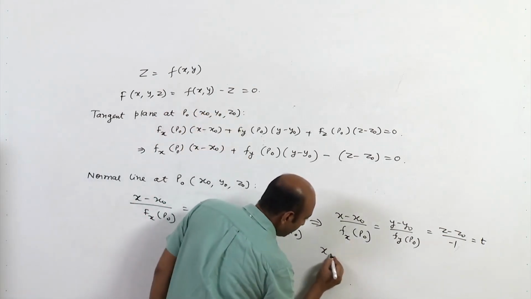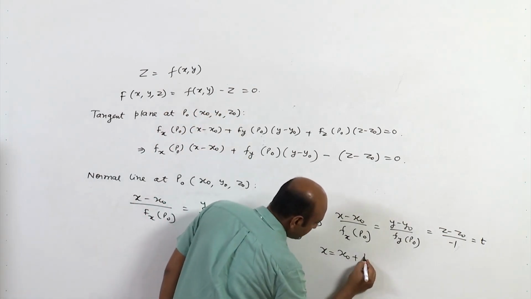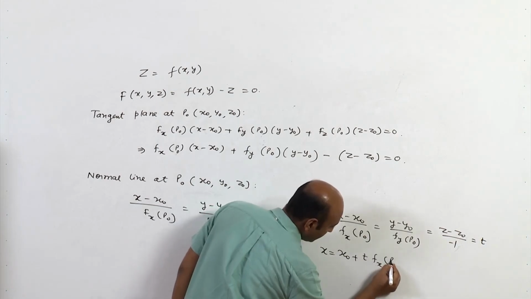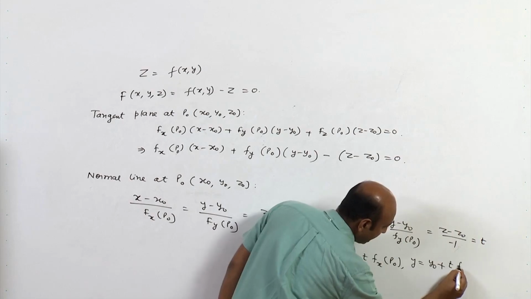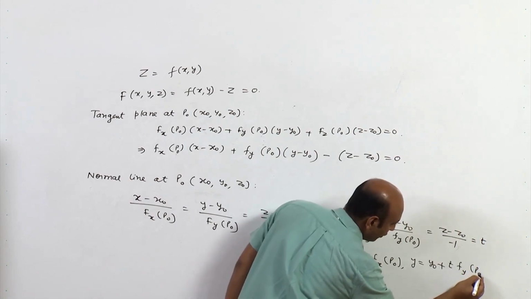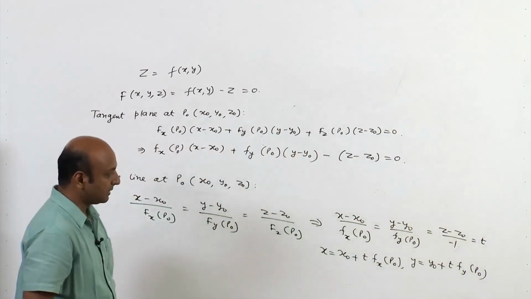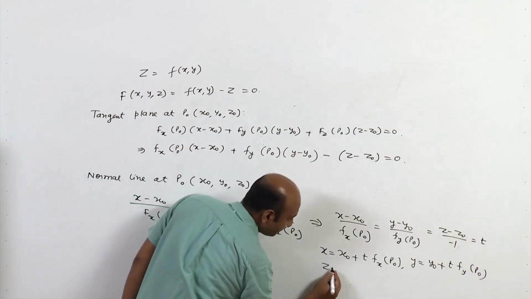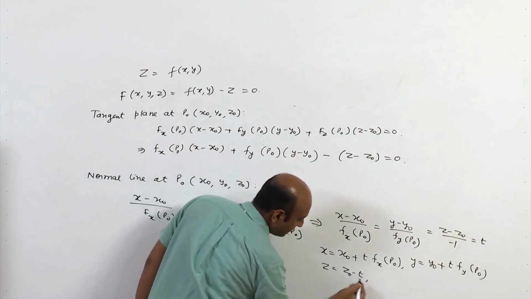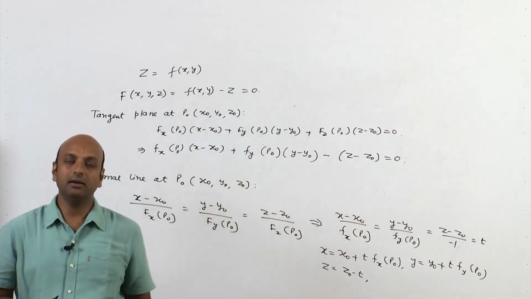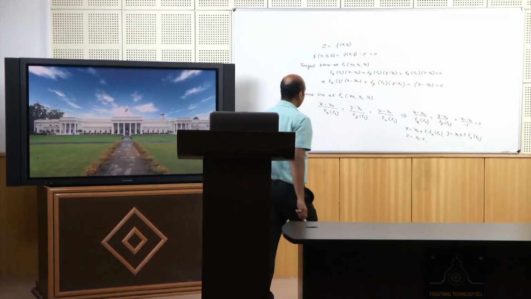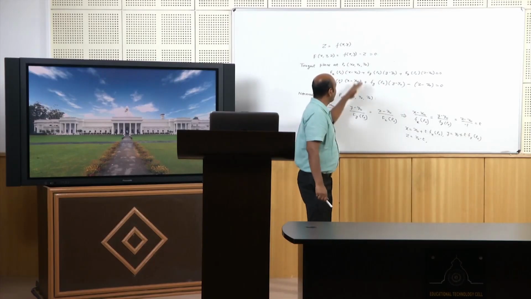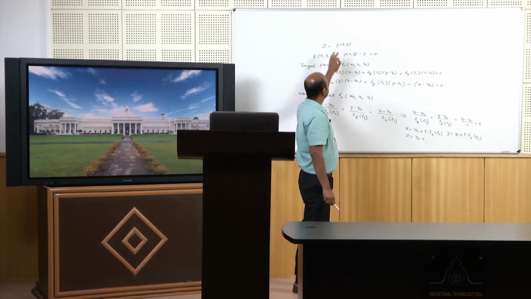So, x will be x naught plus t times fx at P naught, y will be y naught plus t times fy at P naught, and z will be z naught minus t, where t is any real number. So, this will be equation of tangent plane and normal line at a point P naught for this surface.